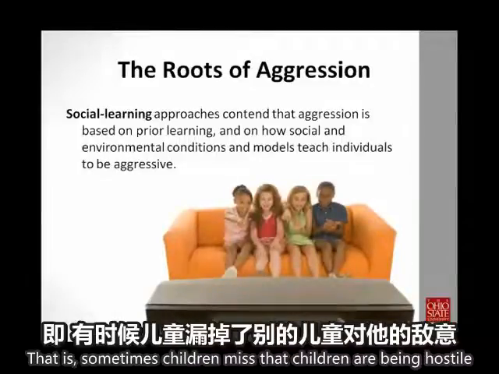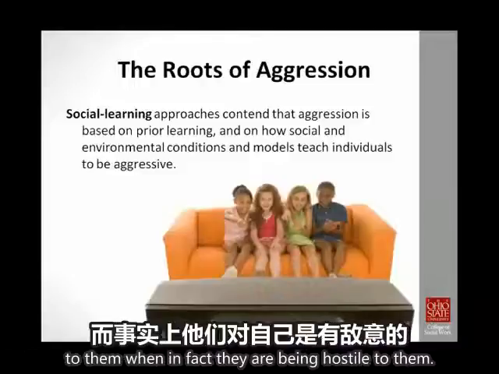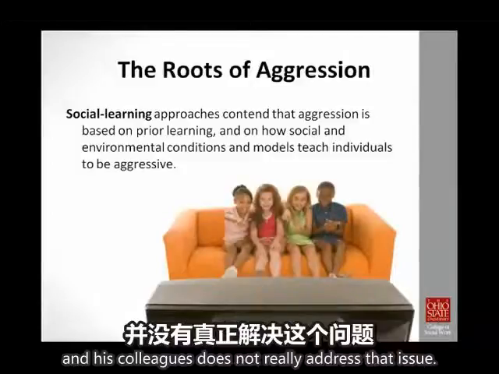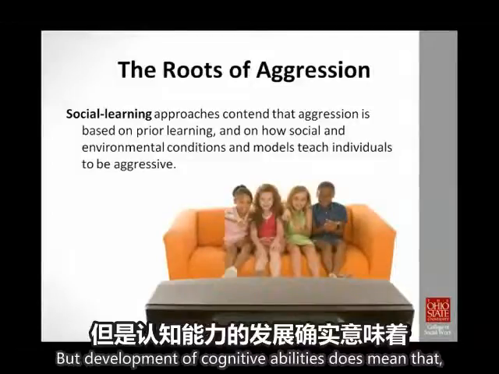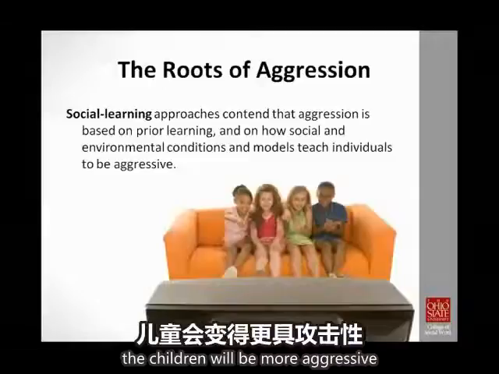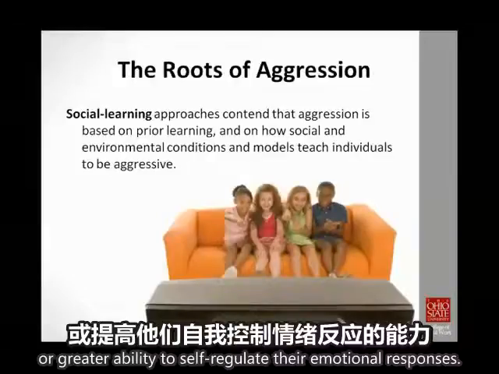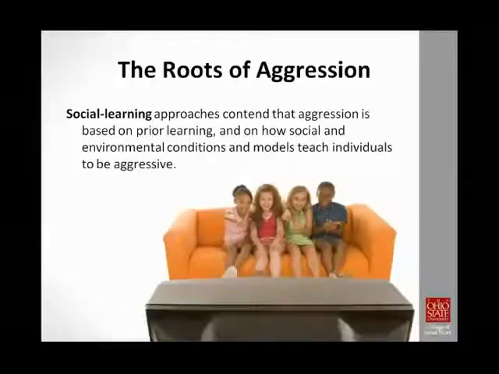That is, sometimes children miss that people are being hostile to them when in fact they are being hostile to them. So this specific approach by Dodge and his colleagues does not really address that issue. But development of cognitive abilities does mean that, as we've just already talked about, children will be less aggressive and also develop greater ability to self-regulate their emotional responses.